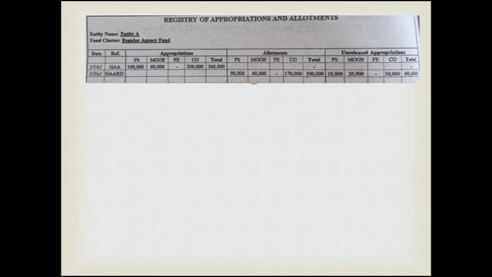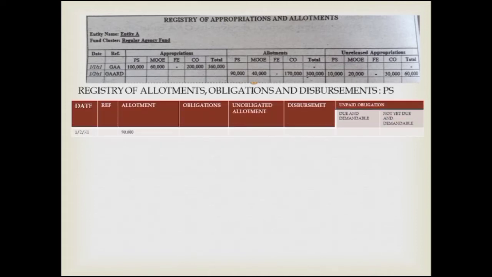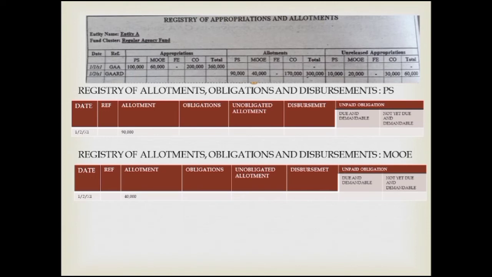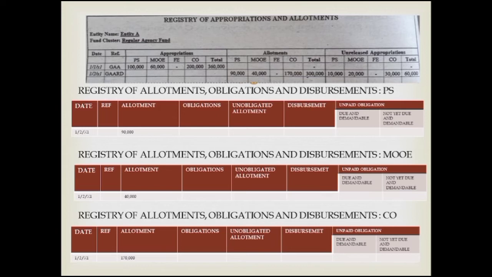We have the recordings for each object of expenditure, and we also have entries for the Registry of Allotments, Obligations, and Disbursements or RAOD for personal services, which has the amount of 90,000, for the MOOE, which has the amount of 40,000, and the CO, which has the amount of 170,000.